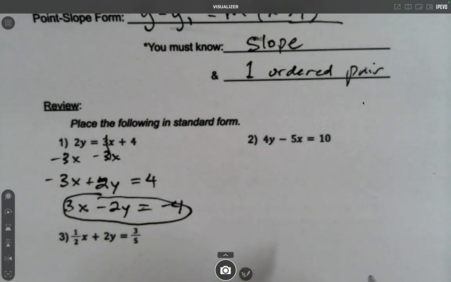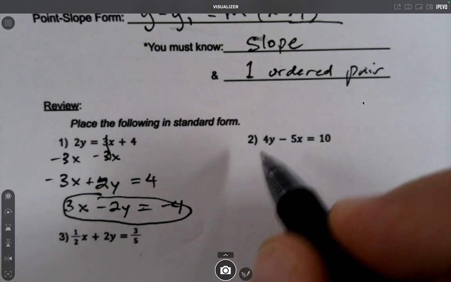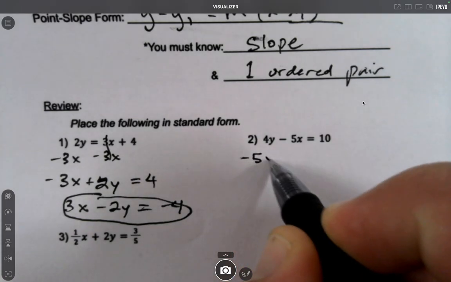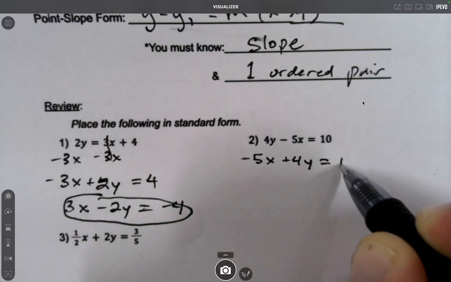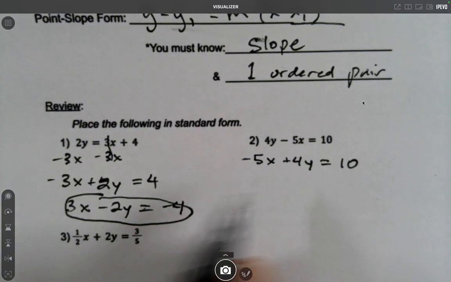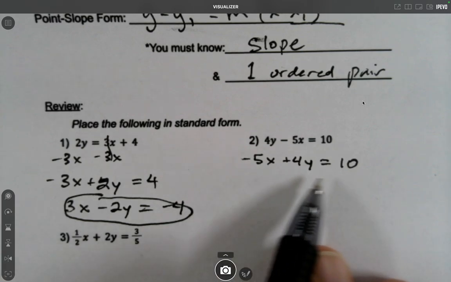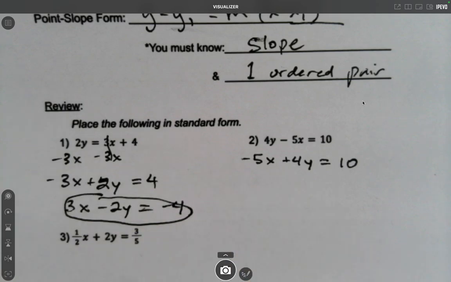Okay, on this one, both x and the y are on the right side, but they're in the wrong order. So I need to put the negative 5x first, the positive 4y second, and the 10 goes last, which is where it already was, but that's the correct place for it. But we run into the same problem we ran into in number 1. This is all in the correct order, but we can't let a, the coefficient in front of x, be negative.